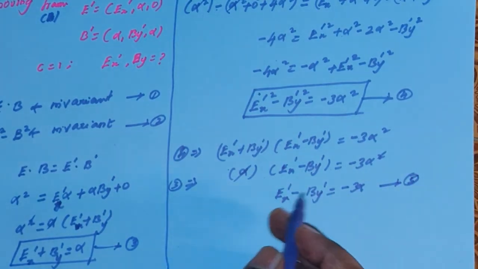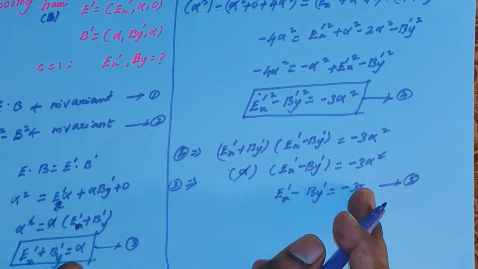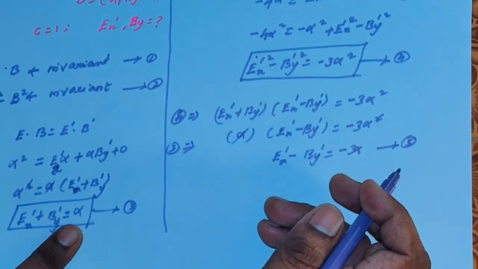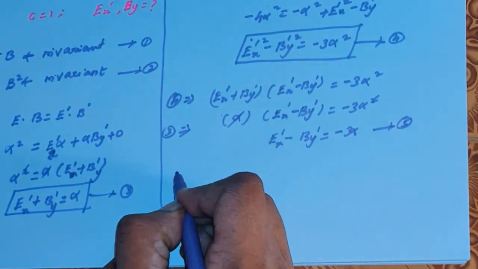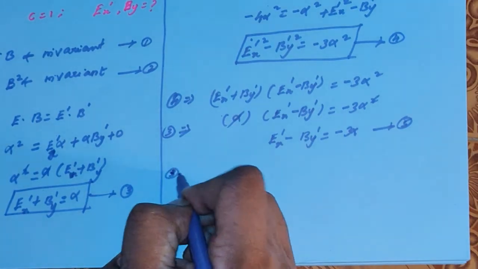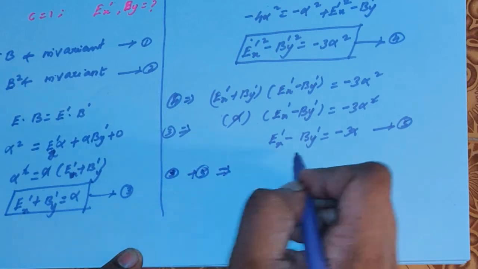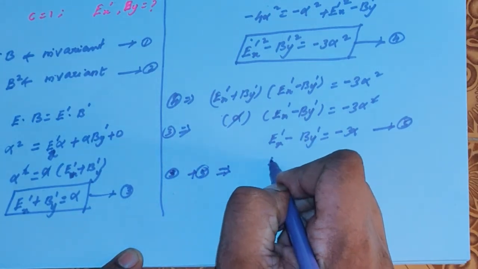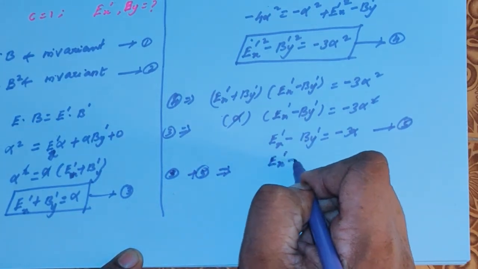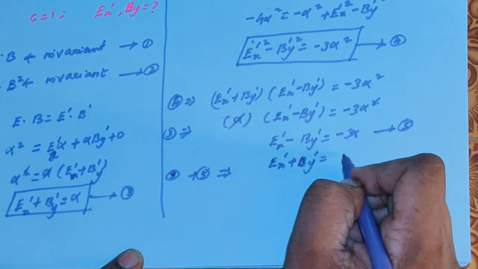So this you have to take as equation number 5. Now look at equation number 3. You can add or subtract with 3, then you will get Ex, By. Here we are going to add equation 3 plus 5, substitute and add it. The third equation is Ex prime plus By prime equal to alpha.